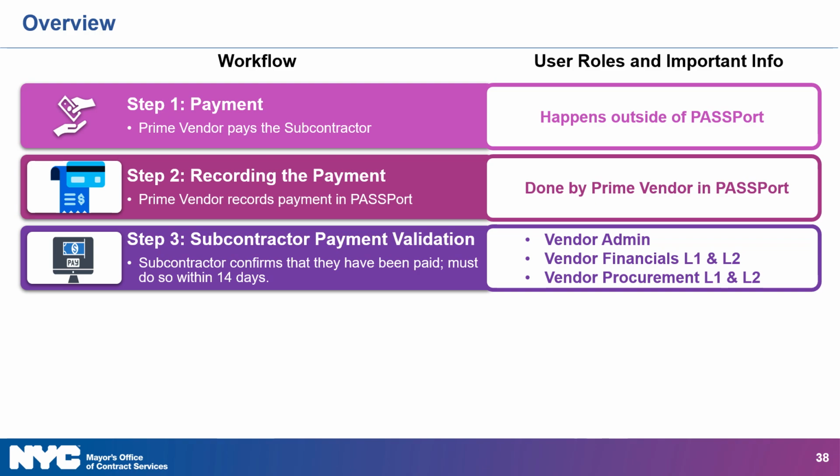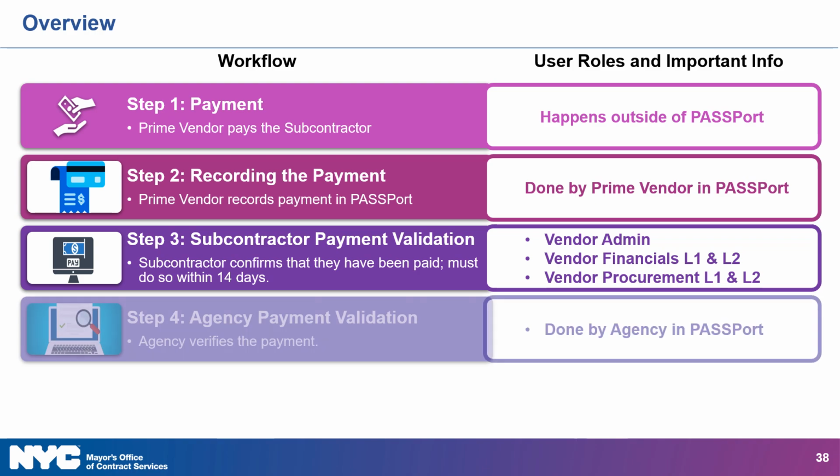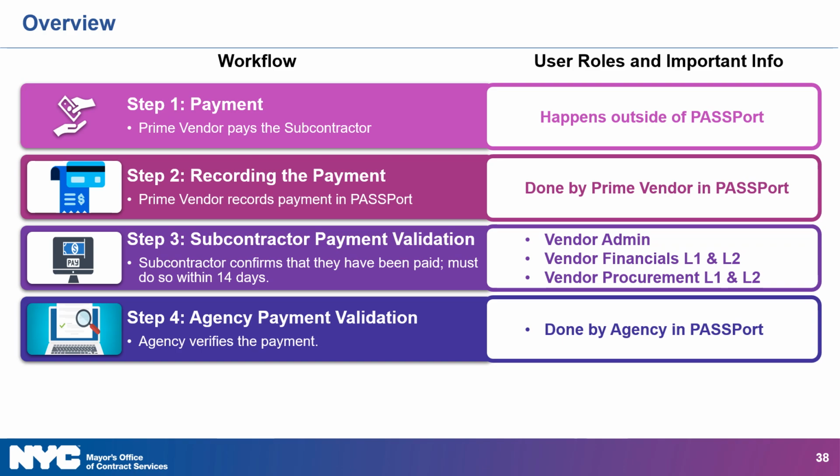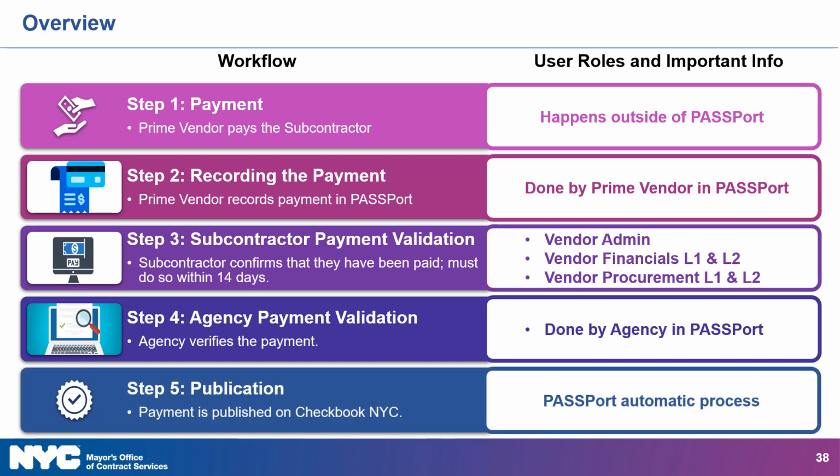But remember, this needs to happen within 14 days. After that, the contracting agency verifies the payment in Passport. Once everything is confirmed and validated, the information is published on Checkbook NYC, the online transparency tool that provides up-to-date information about the city's finances.